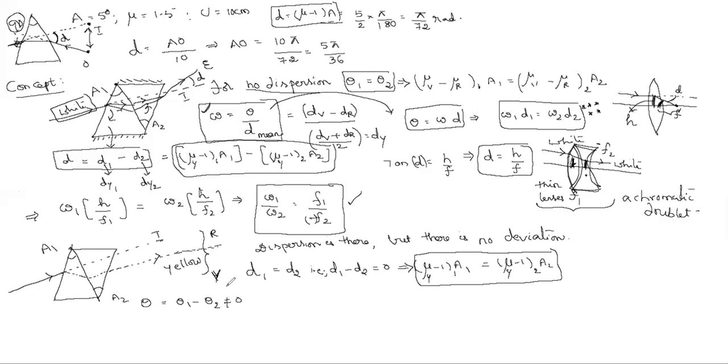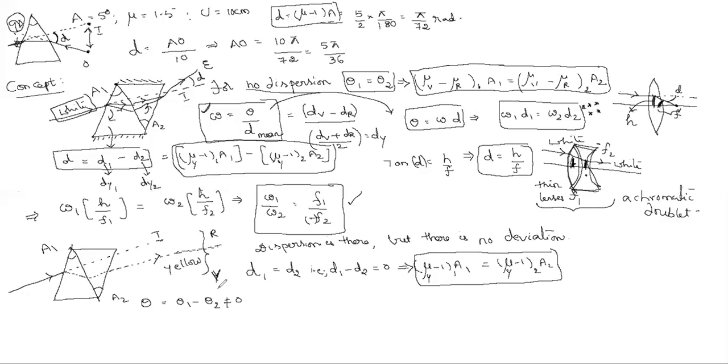The formula is omega 1 D1 minus omega 2 D2, or else theta 1 is (mu V minus mu r) of the first prism into A1 minus (mu V minus mu r) of the second prism into A2. You can write either this equation or the other, omega 1 D1 minus omega 2 D2.